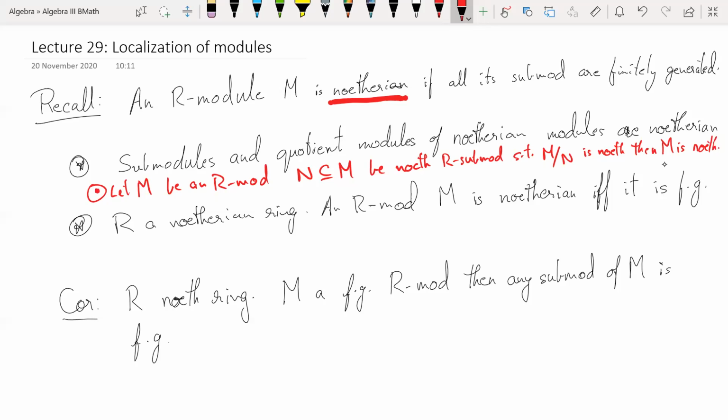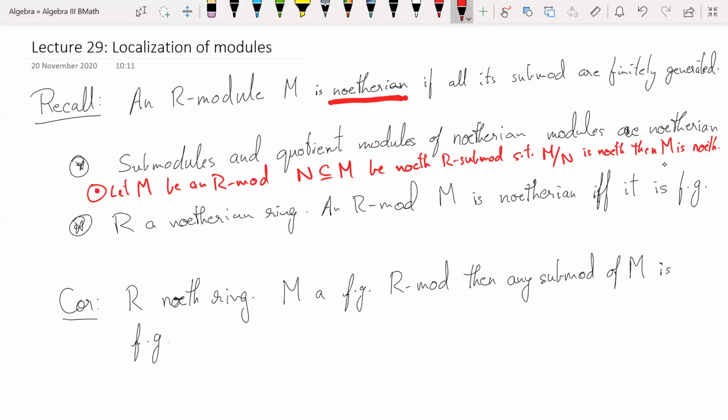Noetherian is a concept defined so that we can work with it. It's slightly stronger, and so for Noetherian rings, finitely generated R modules and Noetherian modules are the same thing.